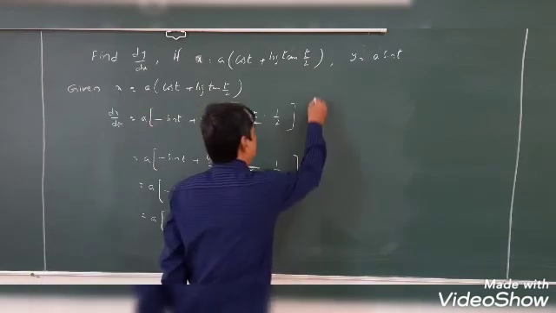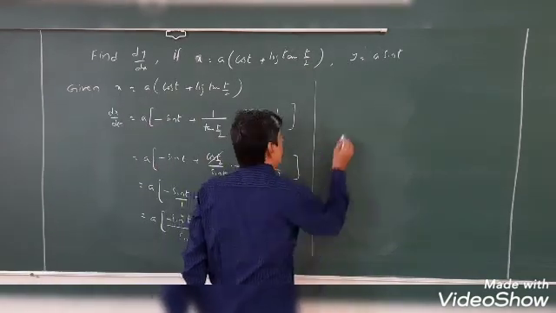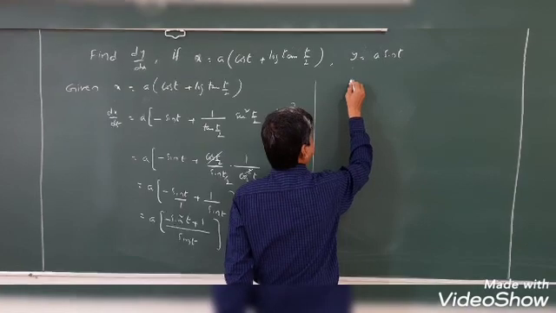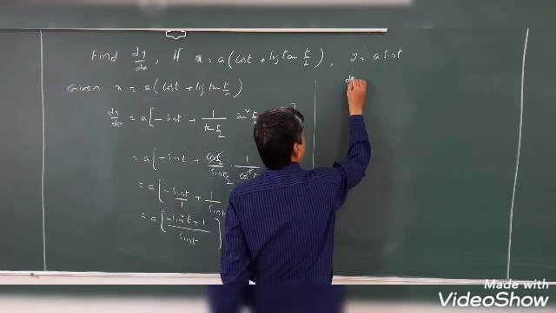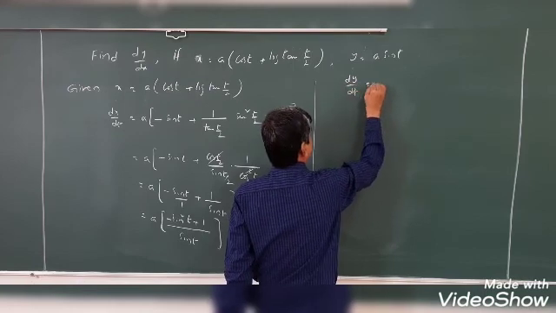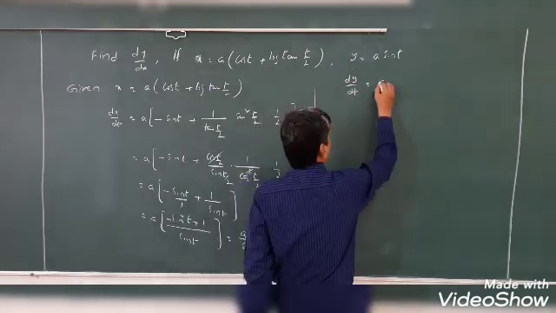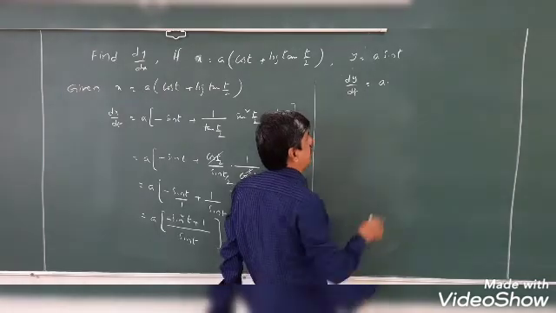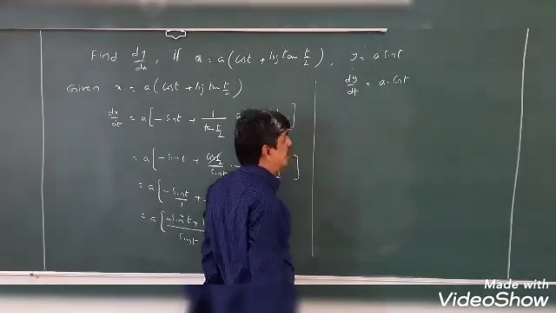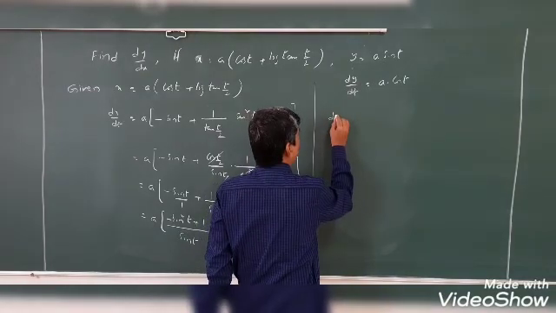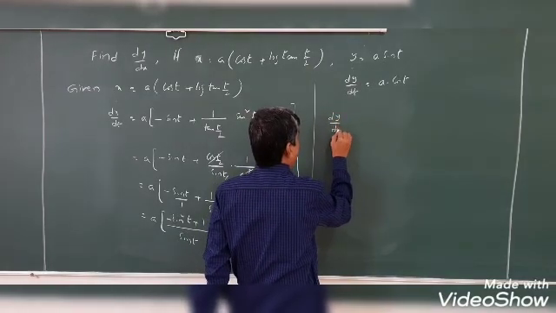Next, given y is equal to a sin t, then differentiate with respect to t on both sides. dy by dt is equal to a, a is a constant coefficient, keep it safe, dy by dt of sin t is cos. Now we want to find dy by dx.